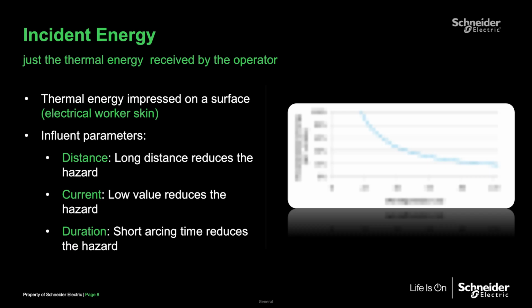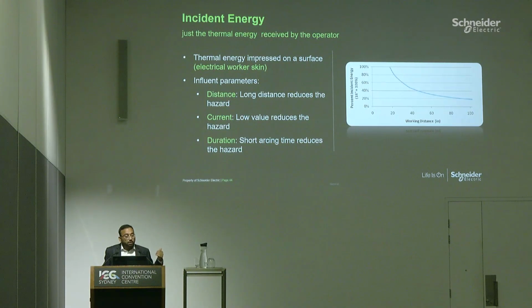You see the graph. The graph shows the percentage of incident energy with respect to a working distance. And if I have to give you a definition which can be easily understood, it is the temperature observed on an electrical worker's skin, known as the dissipated energy from a flashover.